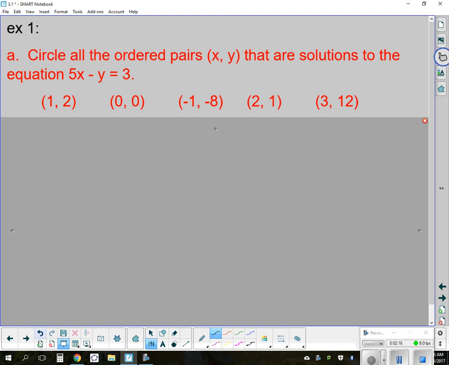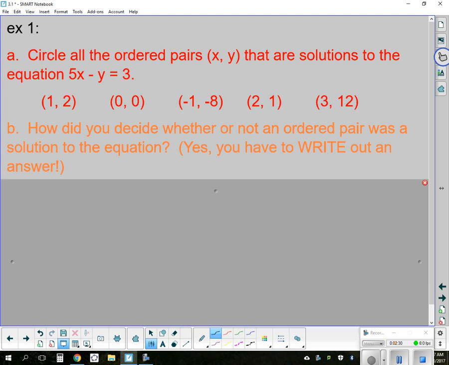Now we just said when you're working with more than one variable, you could have more than one solution. So this isn't multiple choice where only one answer is going to be correct. It's possible that you would come up with more than one correct answer. Okay, and then part B, how did you decide whether or not an ordered pair was a solution to the equation? And yes, I want you to write out an answer. Go ahead and pause the video and do that.